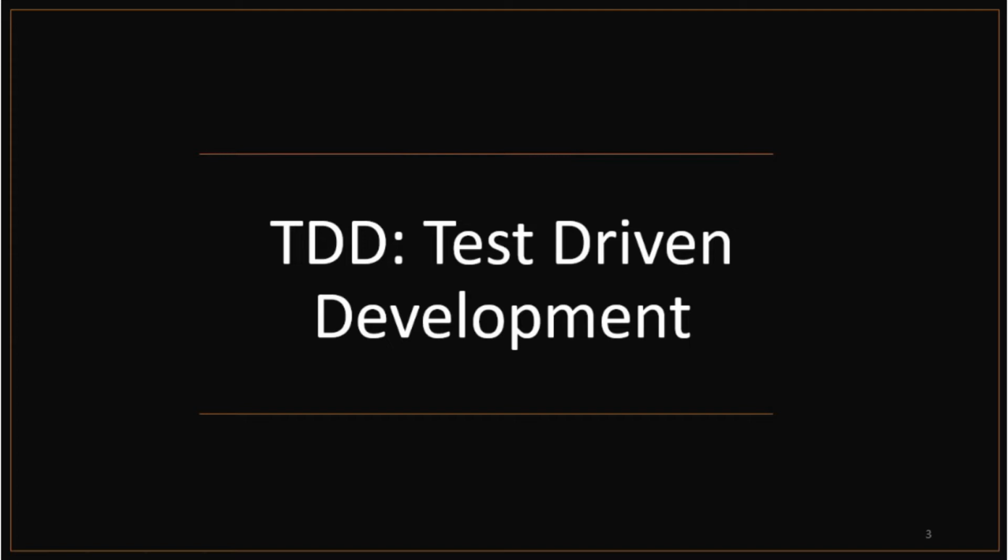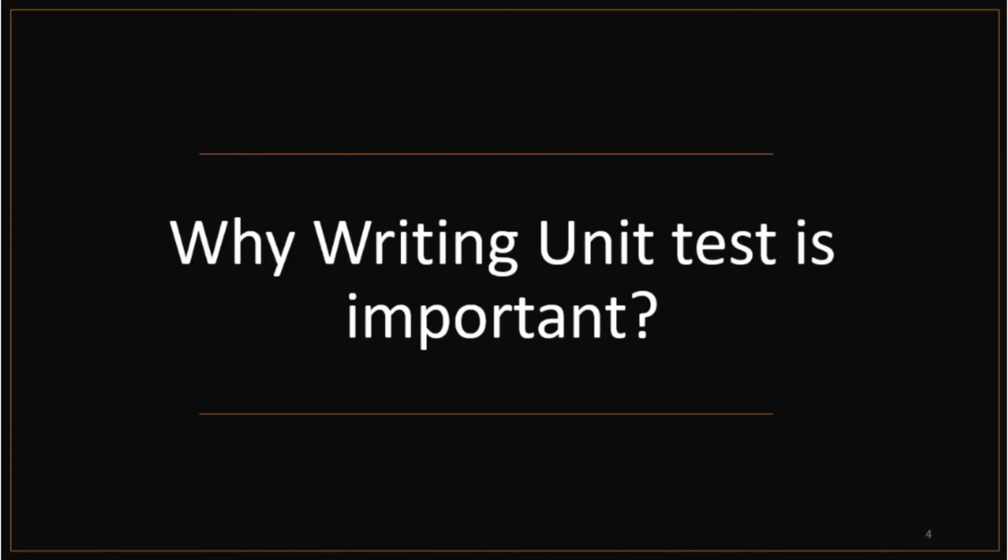Unit testing is similar in that it allows developers to modify code without affecting the functionality of other units or the product as a whole. Now the question is, why is writing unit tests important? Well, developers write unit tests for their code to make sure the code works correctly to achieve a quality product in development.